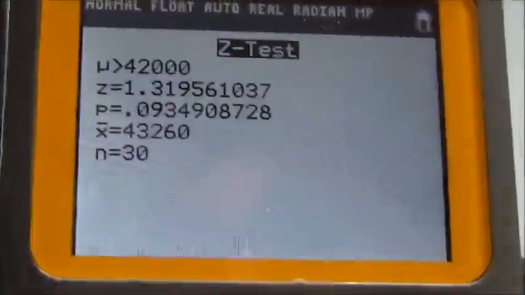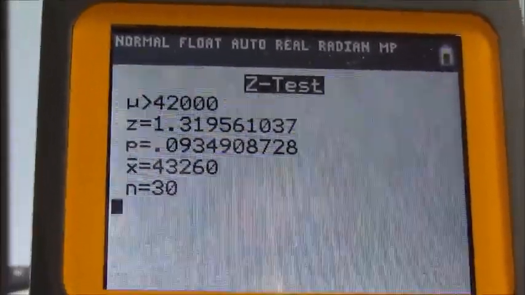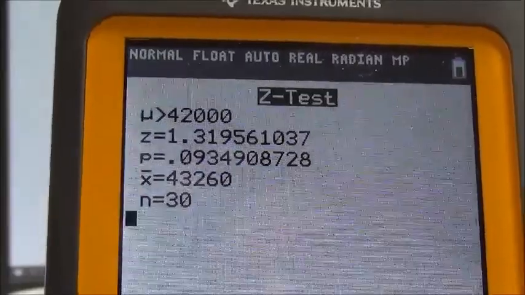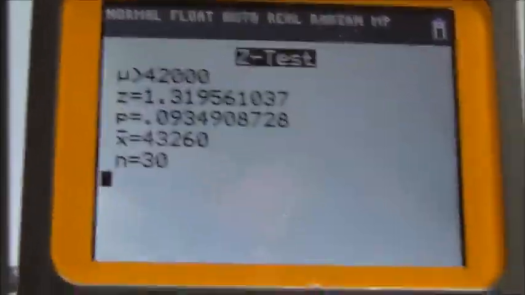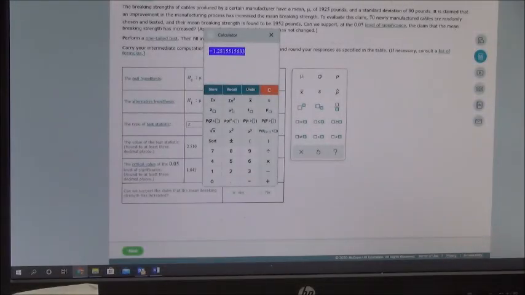My p-value, 0.093. And then it wants to know if this is a left-tailed test, a right-tailed test, or a two-tailed test. In this case, since the mean is greater than 42,000, we're doing a right-tailed test.